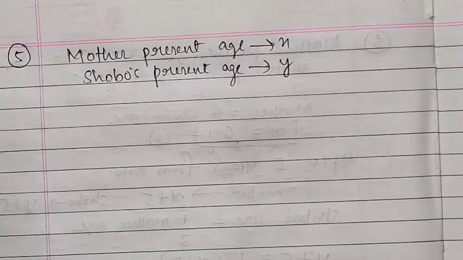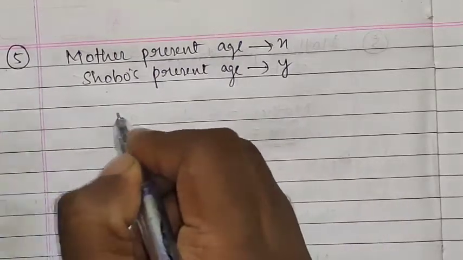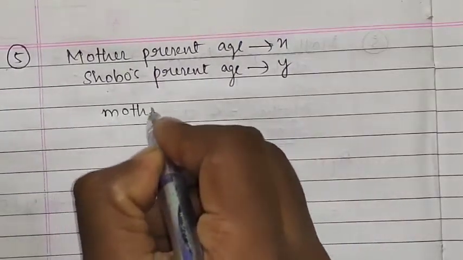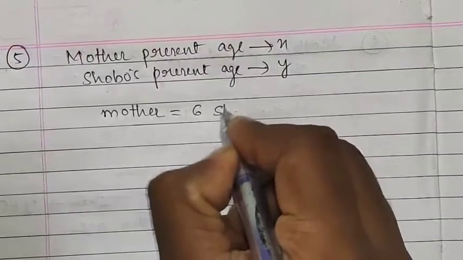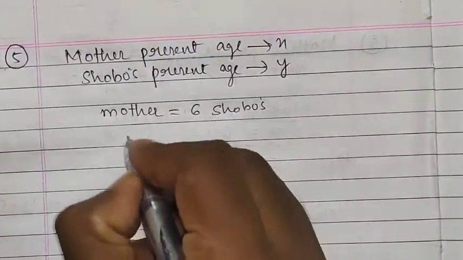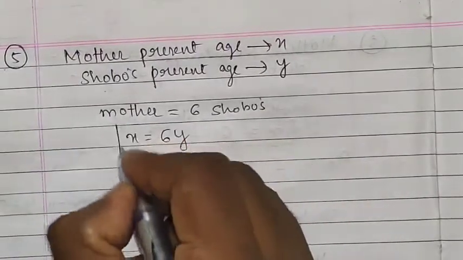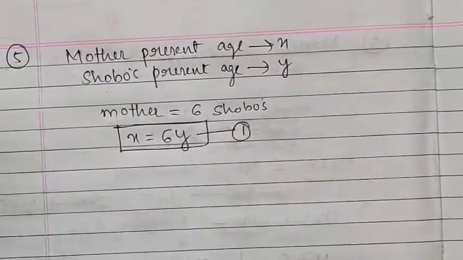According to the question, Shobo's mother's present age is 6 times Shobo's present age. Mother's present age we took as x is equal to 6 times Shobo's present age y. It means x is equal to 6y. This is equation number 1.